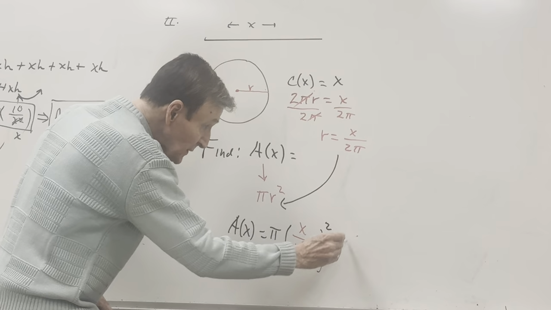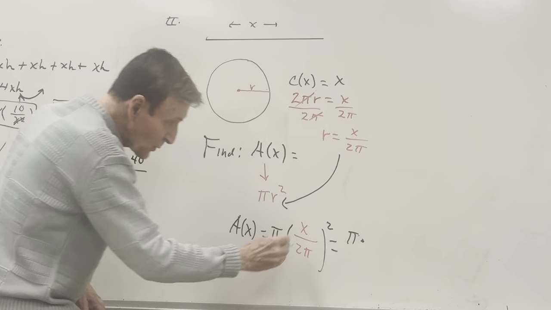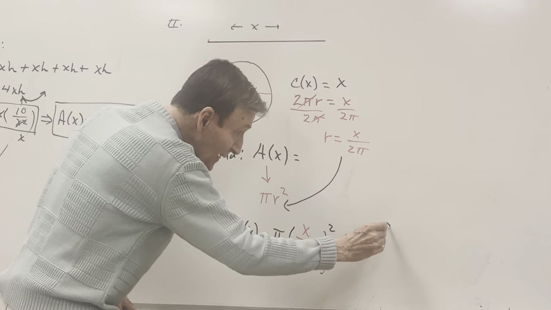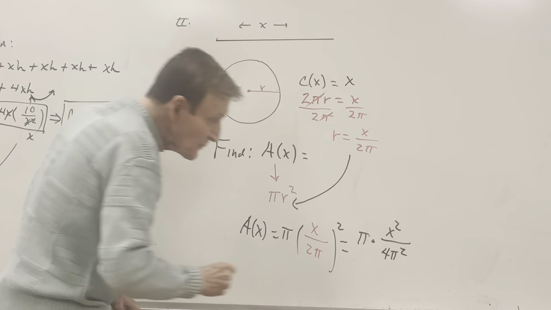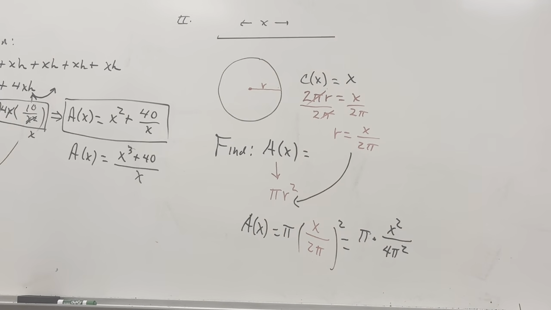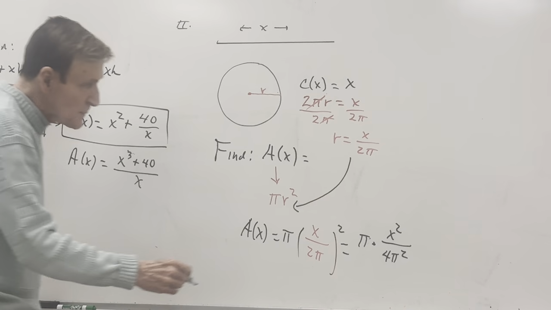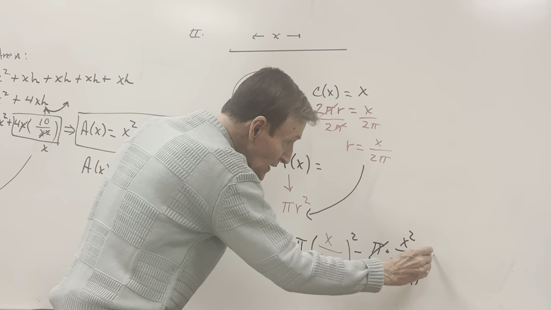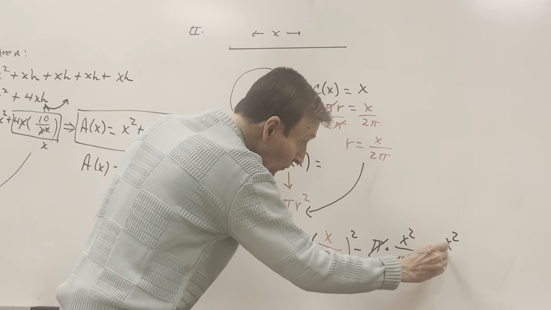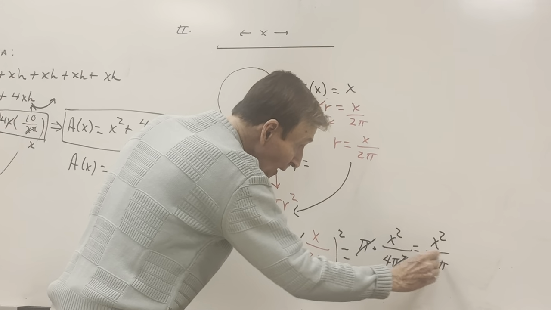If I clean this up, this is pi times, if I square this, it's x squared over 4 pi squared. Just trying to clean it up now. And it looks like one of these pi's may cancel. Watch my math here. And please tell me at this point, do we have x squared over 4 pi? Yes or no?